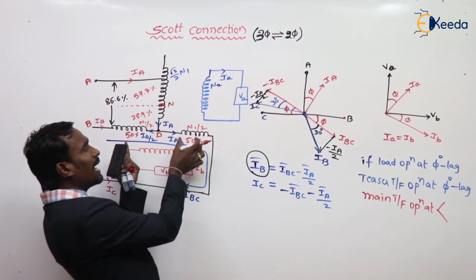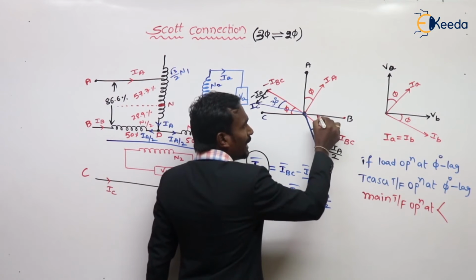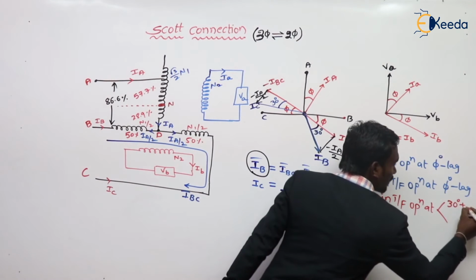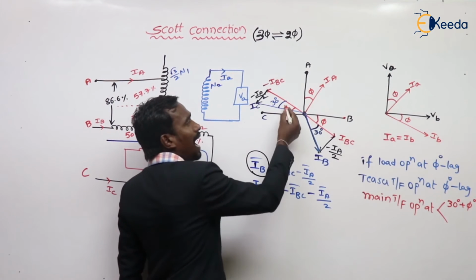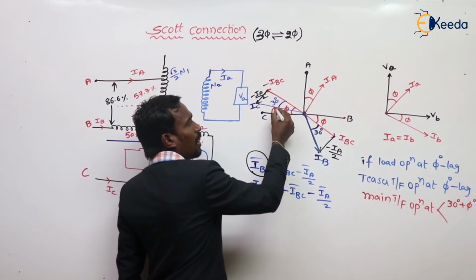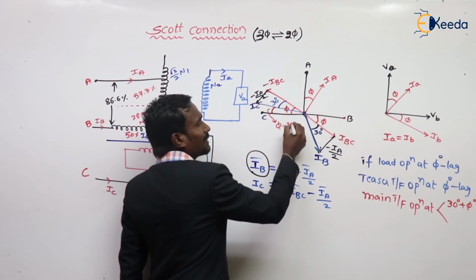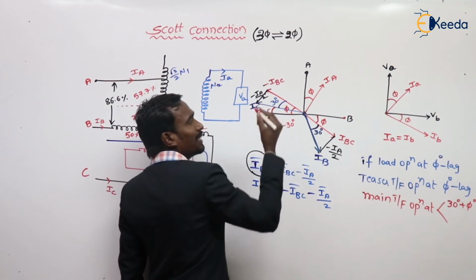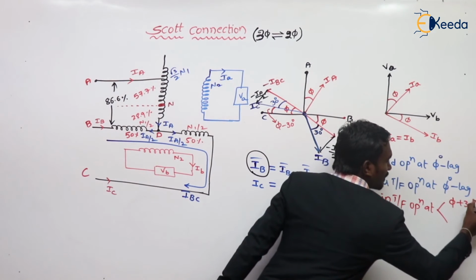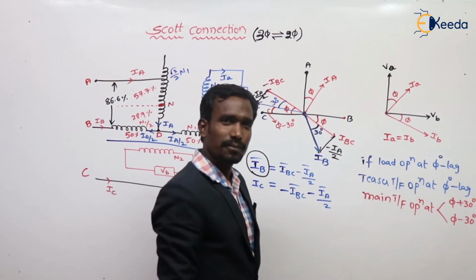One is operating at 30 plus 5 degrees, and the other is at 5 minus 30 degrees. So one transformer is operating at 5 plus 30 degrees, and the other operates at 5 minus 30 degrees.